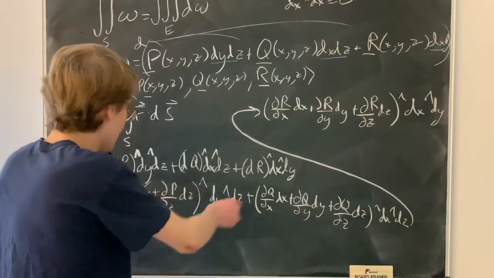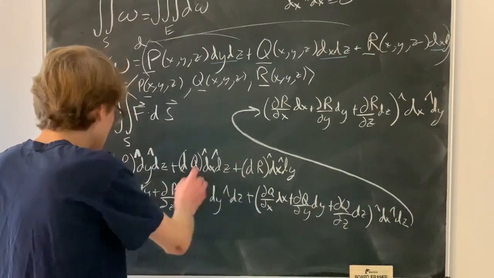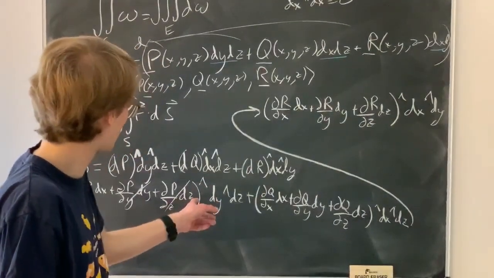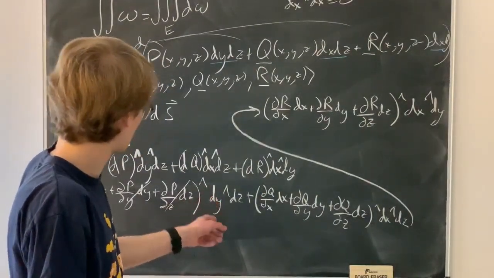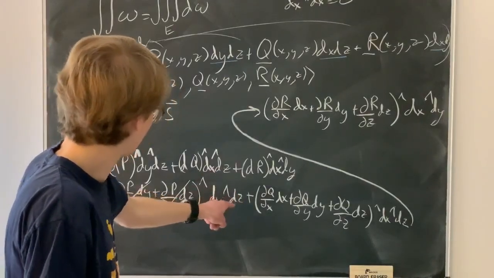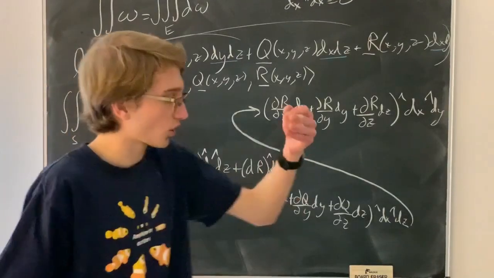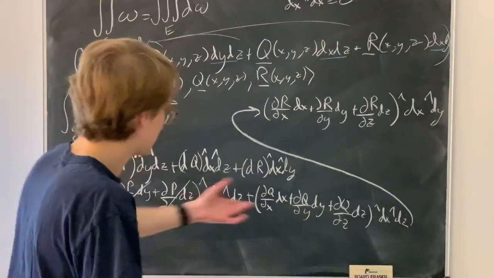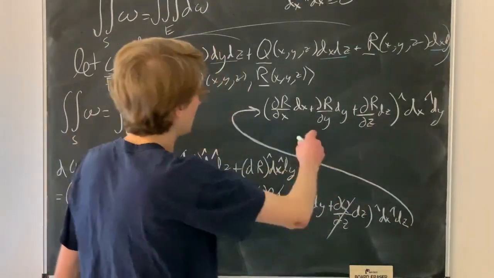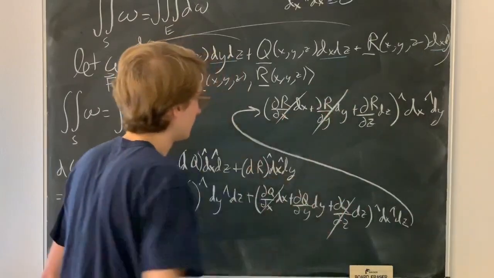That's going to get rid of that. And we have a dz wedge a dz, going to get rid of that. Because it doesn't matter, we throw another dy on there, it's just going to die because we have the y in this case bringing that term to 0. Same thing happens here. We get rid of the x, get rid of the z. Same thing here. We get rid of the x, get rid of the y.